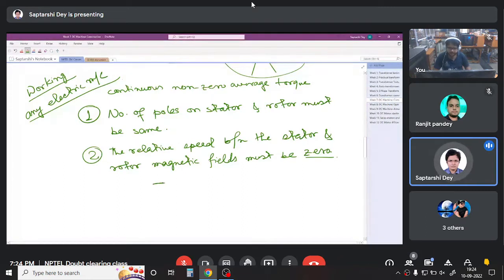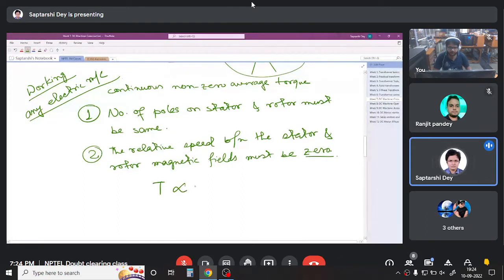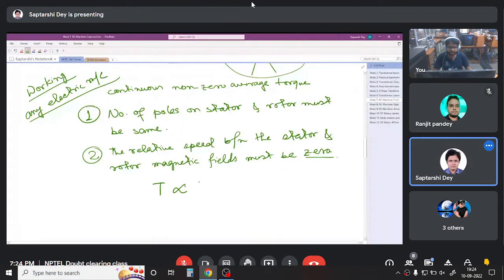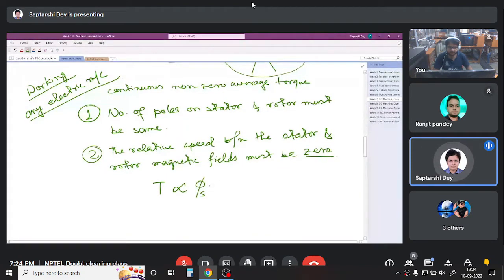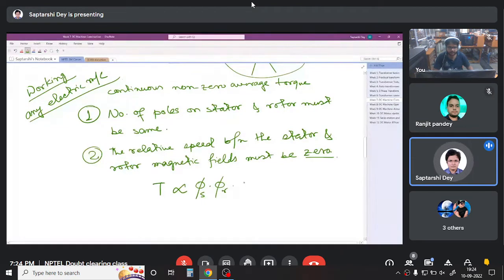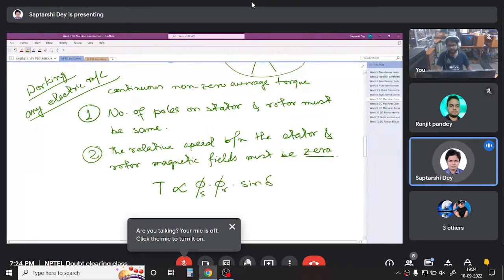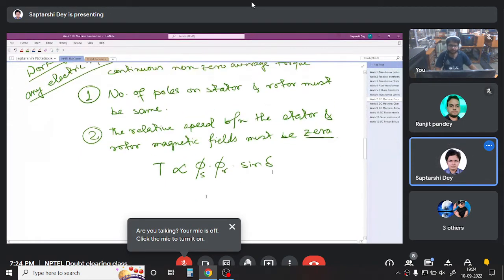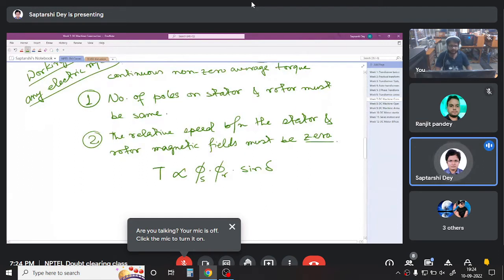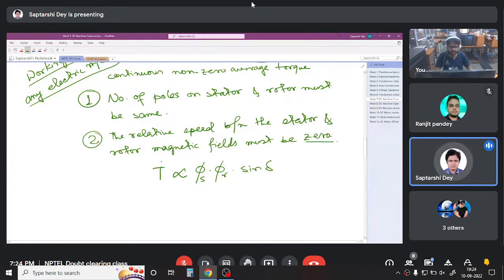This is because the torque of an electric machine is more or less proportional to the flux of the stator times the flux of the rotor times sine delta. This delta is the angle between these two fluxes, stator flux and rotor flux. If you do not have zero relative speed between phi s and phi r, sine delta keeps on varying.